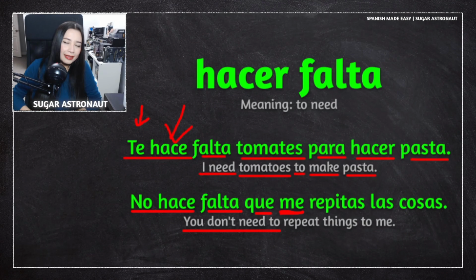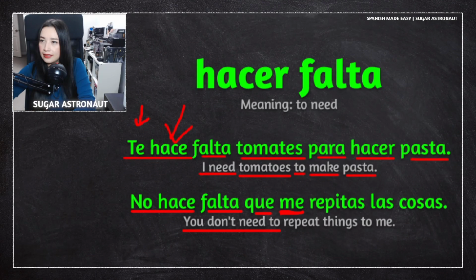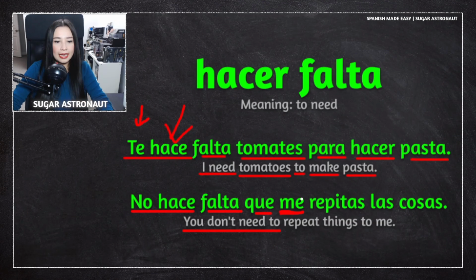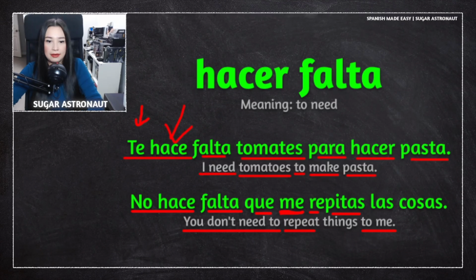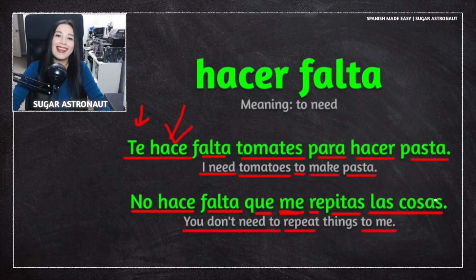No hace falta que... So in this case, we're saying me repitas. That is similar to saying repeat to me, okay? No hace falta que me repitas. There's no need, or you don't need to repeat to me, okay? And las cosas, things.